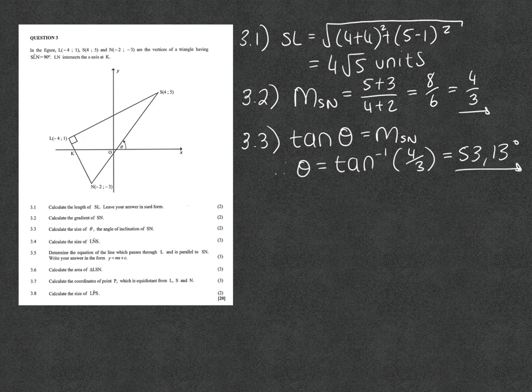Okay, fantastic. That's something that I would actually put in my drawing. So 53.13 degrees is my angle of inclination there. The other things we don't really need to; we can just see it on the side.